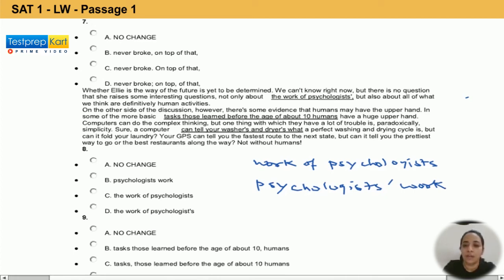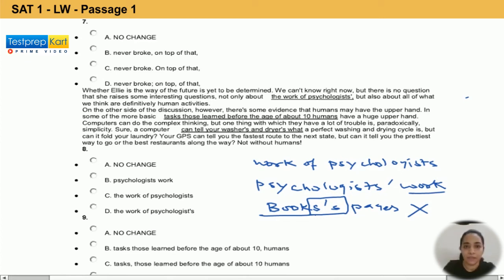Note, when we show possession on a plural, we don't use another S, right? So we don't say books's, pages's, we don't say that. So this is wrong, right? We don't need another S. So if you want to show belongingness, we'll use the plural form and just add an apostrophe, just like I have added here. Psychologists, apostrophe, work.